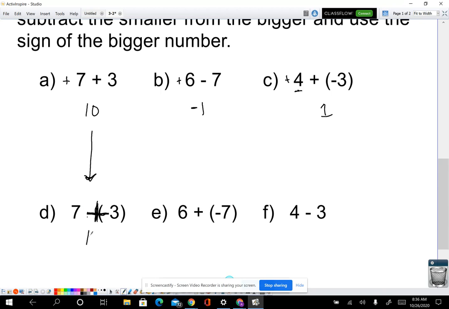So we end up with 10 as our answer. Those two are basically the same problem, just like these two are the same problem. 6 plus a -7 is the same as 6 minus 7. -7 is the larger one. You take 6 from it, you get 1. The sign on the larger one is negative. And then 4 minus 3, we know that to be 1.